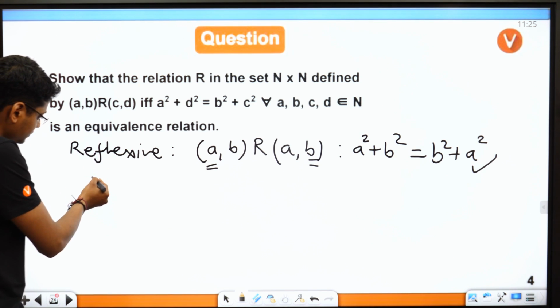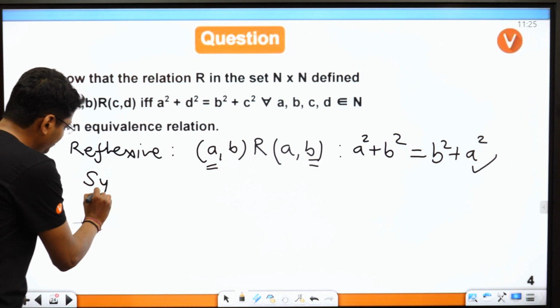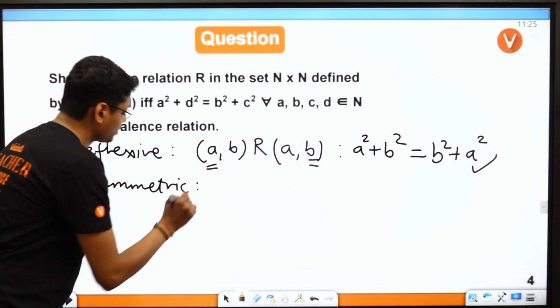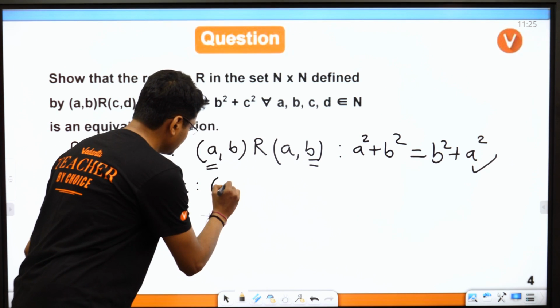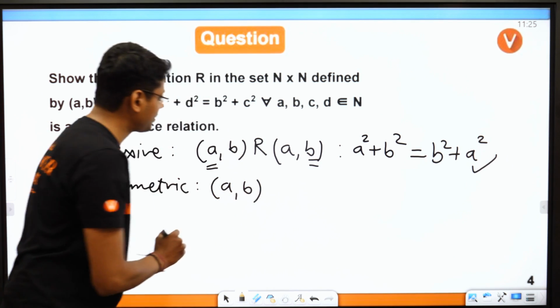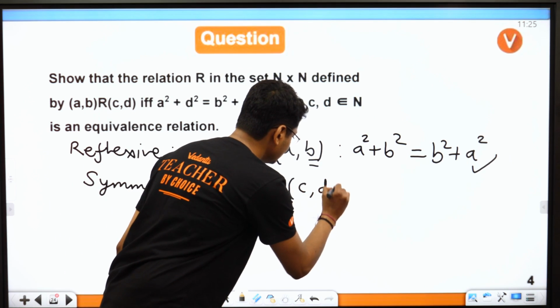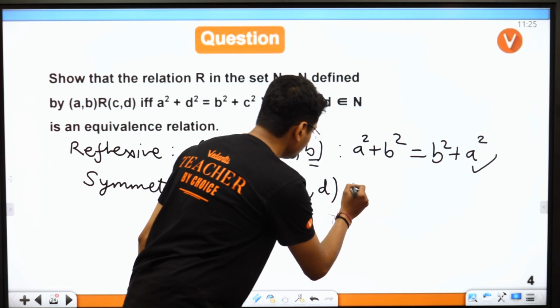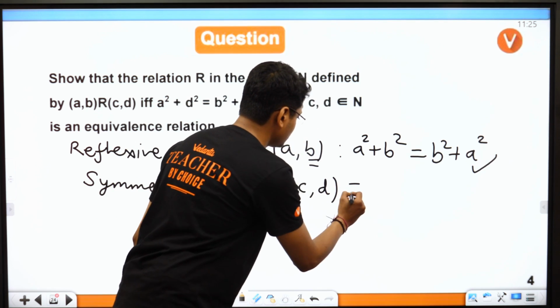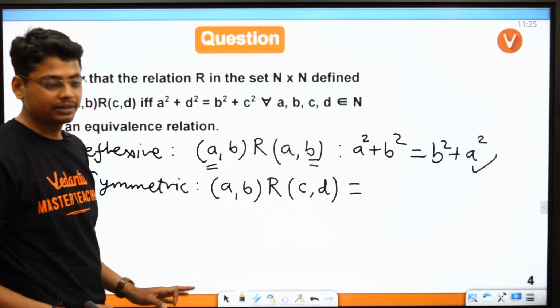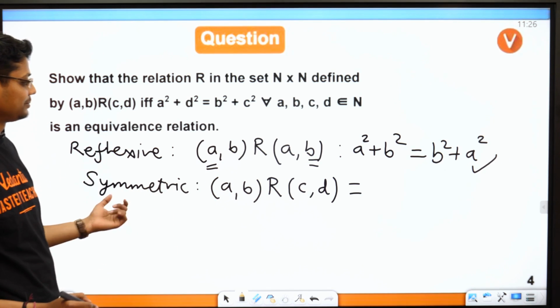Similarly, if I have to prove that it is symmetric, what I have to prove is (a, b) related to (c, d) implies (c, d) related to (a, b). That would mean that the relation is symmetric.